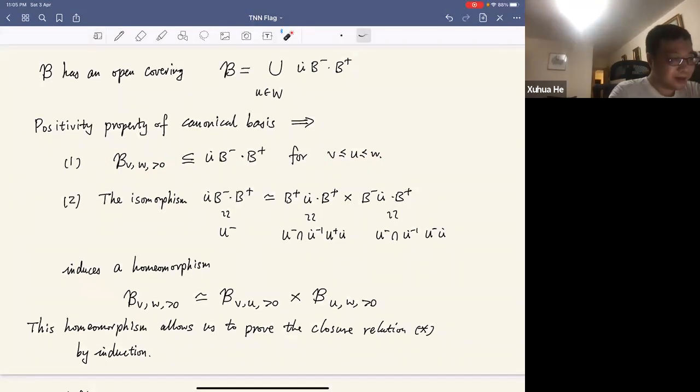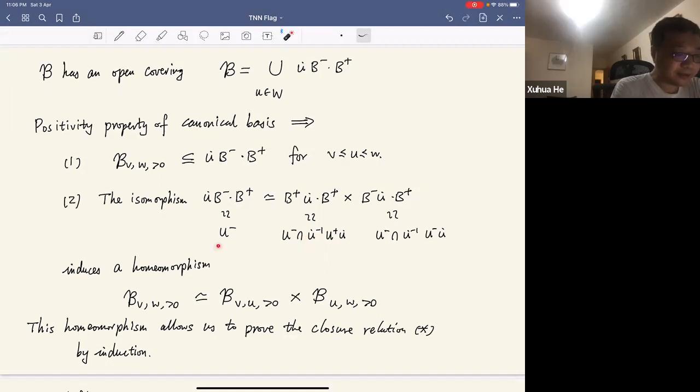And why are we interested in this? Because we have a nice decomposition. If you look at this open part, we know it is isomorphic to U plus. U plus is the unipotent group, and we have the Birkhoff decomposition, the intersection of U plus with U inverse U plus and U inverse U minus.